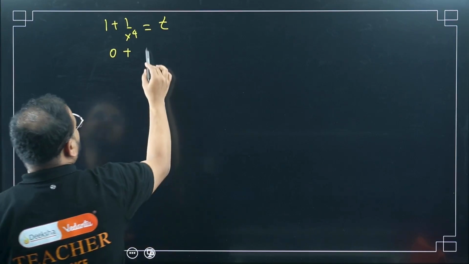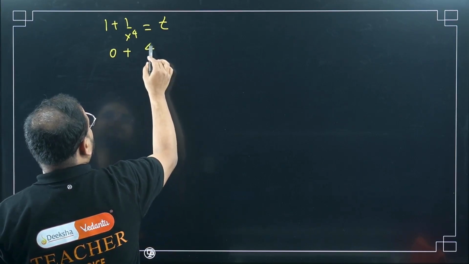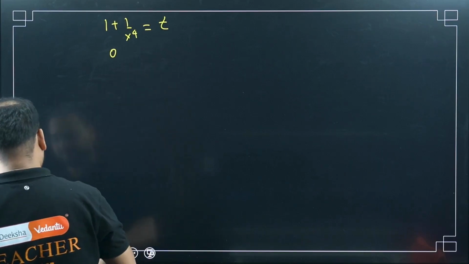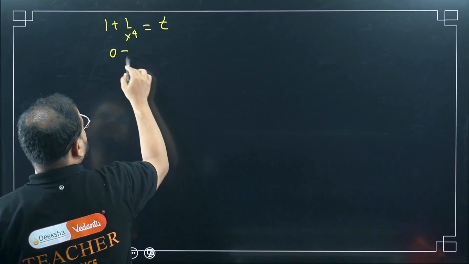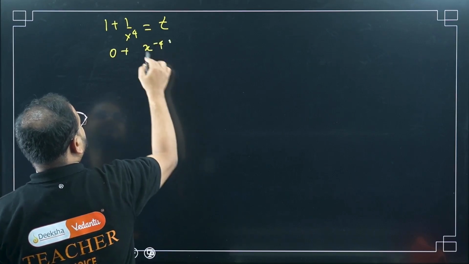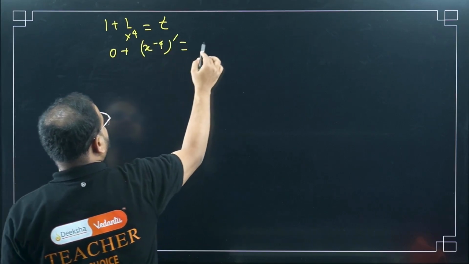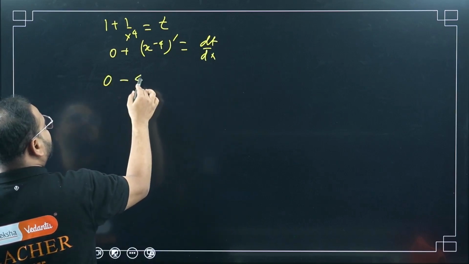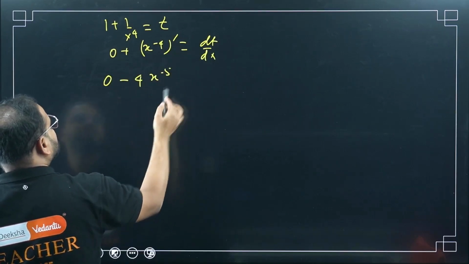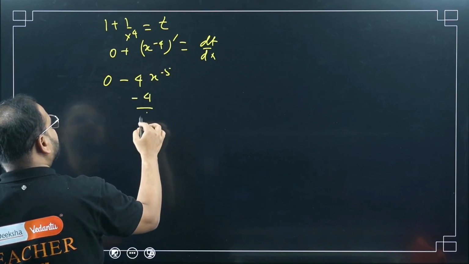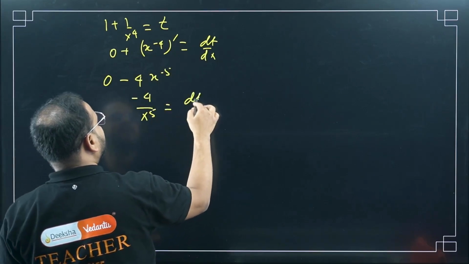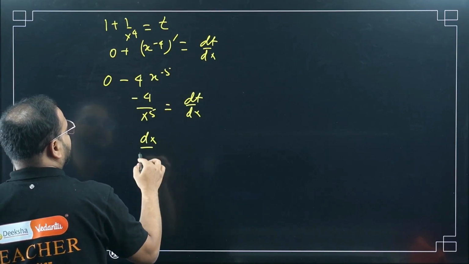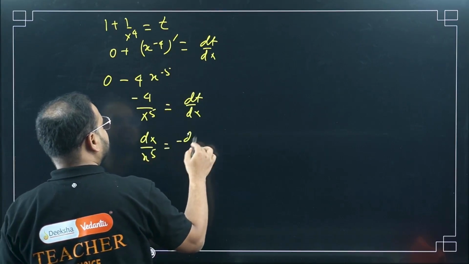Differentiate this: write it as x power minus 4, and differentiate this part. dt by dx is 0 minus 4 times x power minus 5, which is minus 4 by x power 5. So I can write dx upon x power 5 equals minus dt by 4.